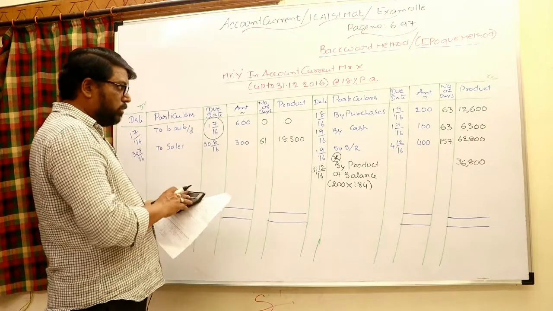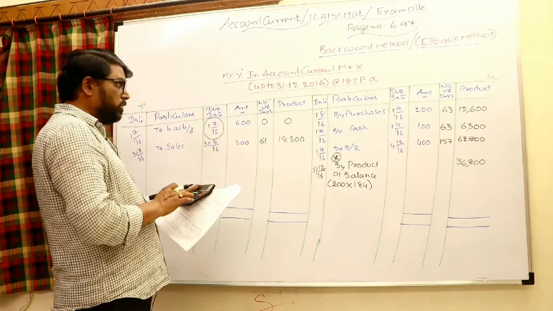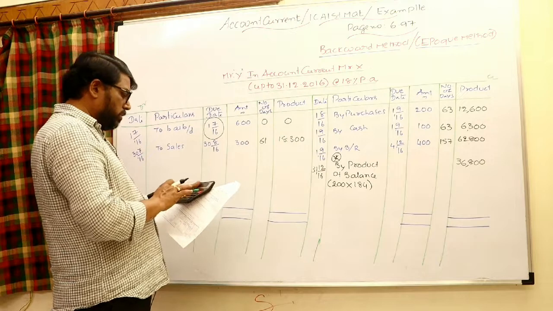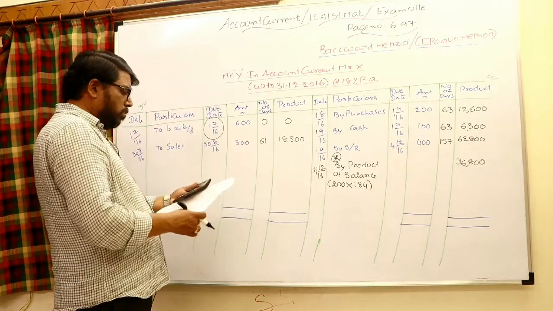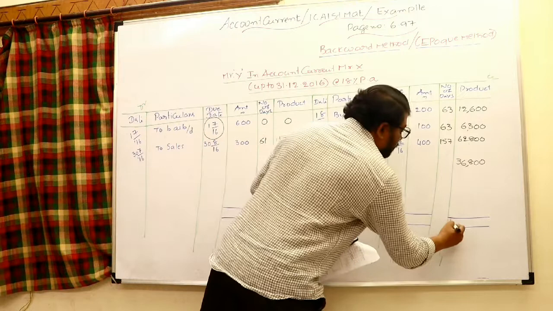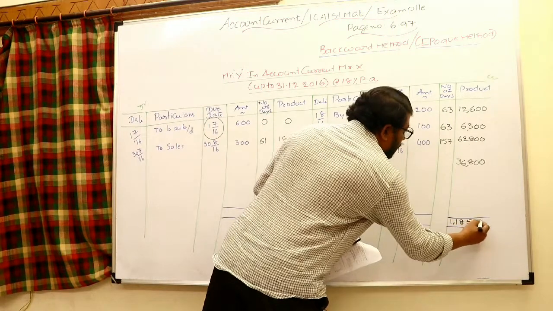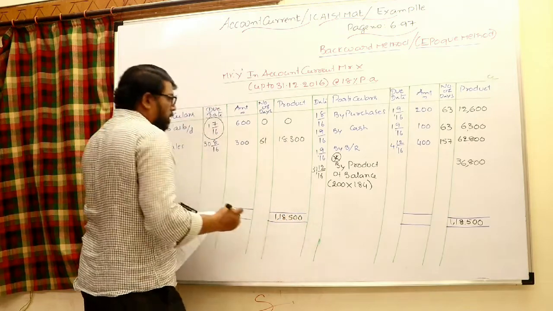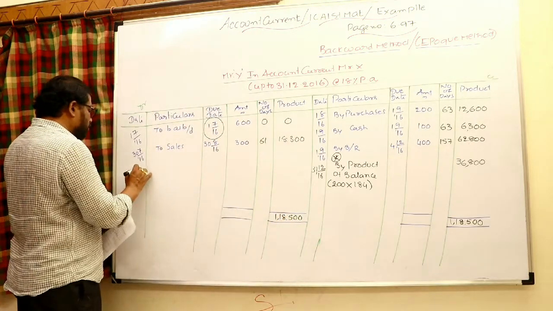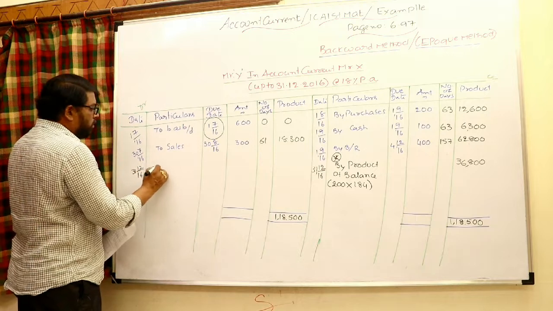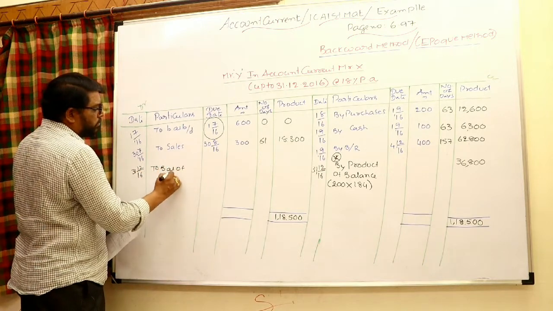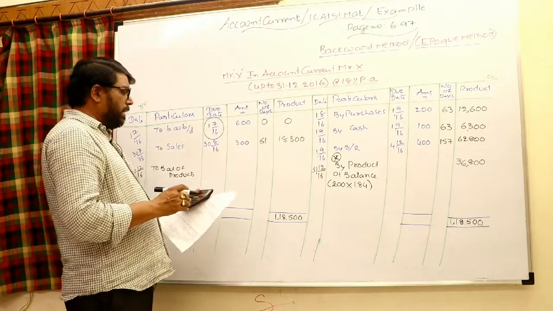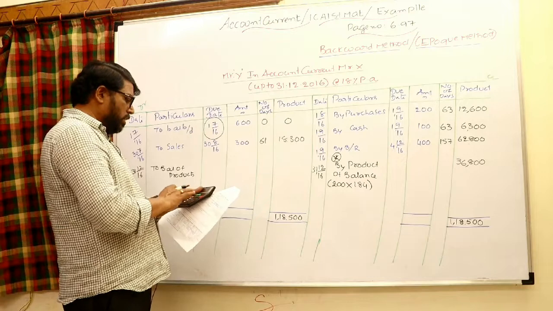Look at that, the credit side is looking more. Look at the total: 12,600 plus 6,300 plus 62,800 plus 36,800, 1,18,500. Right here, 1,18,500. To balance of product, 31st December 2016, to balance of product, 1,18,500 minus 18,300.